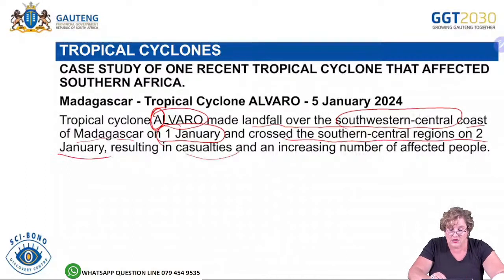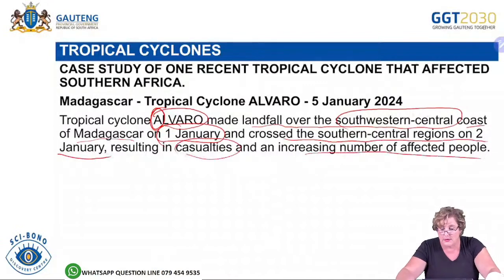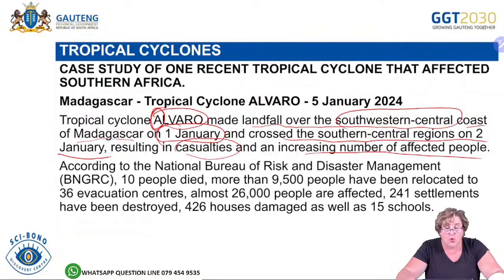It caused casualties and an increasing number of people were affected. According to the National Bureau of Risk and Disaster Management, 10 people died. More than 9,500 people have been relocated to 36 evacuation centers, which means Madagascar is a country that prepares for tropical cyclones.